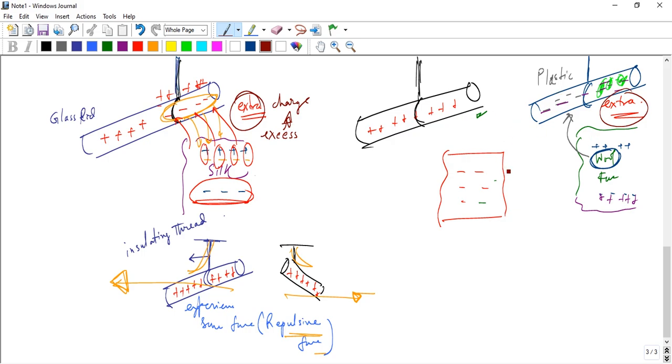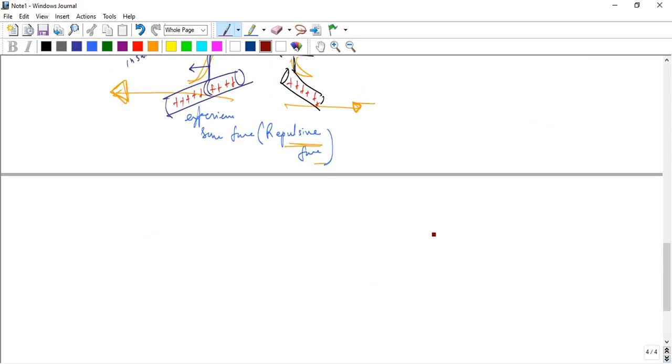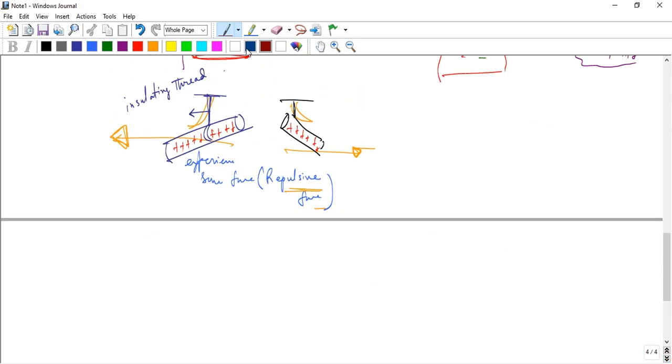Okay, there is another experiment we can do. This is a glass rod and this is the plastic rod. Glass rod has positive charge, plastic has negative.